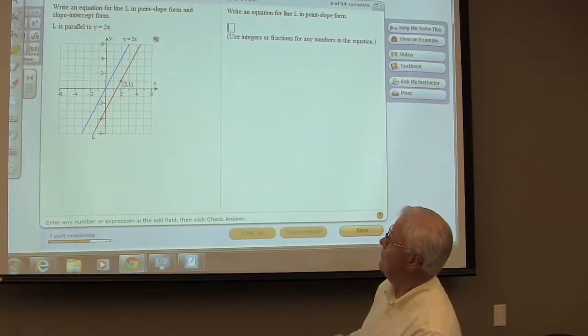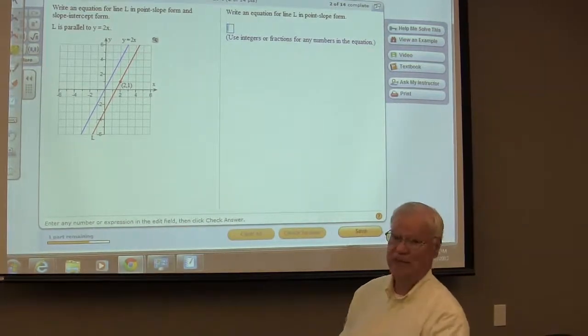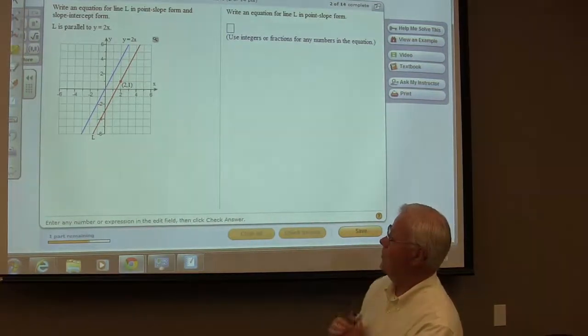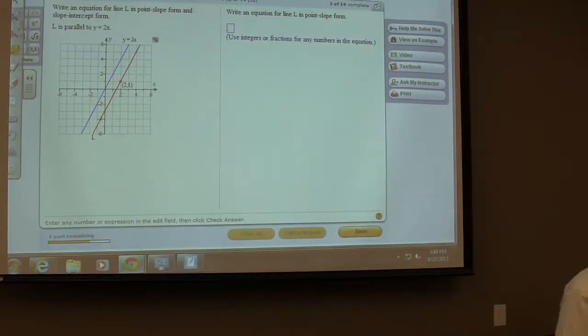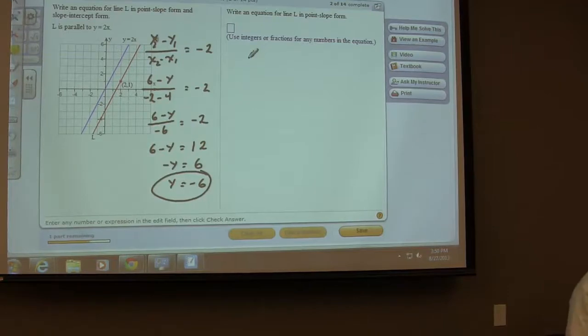So we want to do this in point-slope form and slope-intercept form. Well, let's start with point-slope form. That means I need the slope, well that's 2, and I need a point, and they've given me a point 2, 1. So my point-slope form, which if you remember is y minus y1 is equal to m times x minus x1.